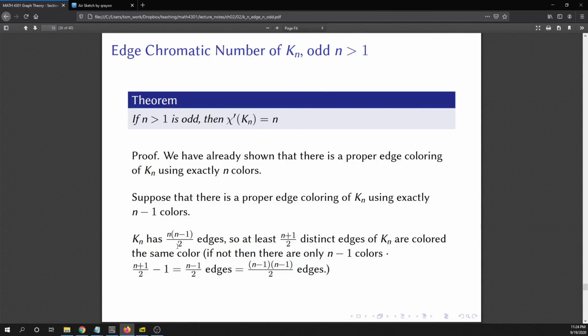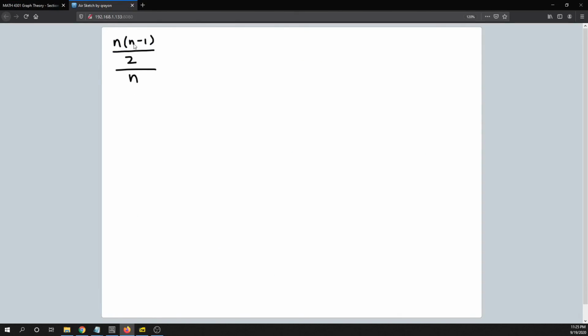We know that K sub n has n times n minus 1 over 2 edges. We just got done proving that. And we know that it has n vertices. So if we divide n times n minus 1 over 2, the number of edges, by the number of vertices, we get n times n minus 1 over 2n, and that reduces down to n minus 1 over 2.